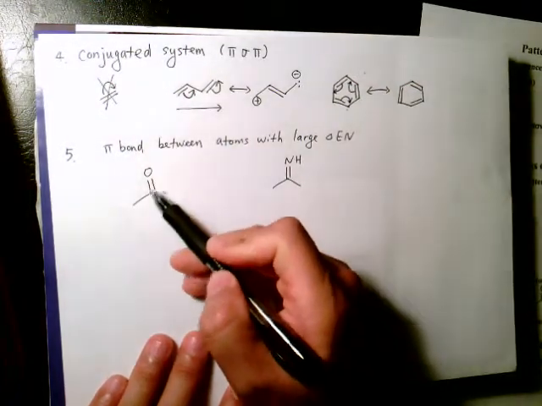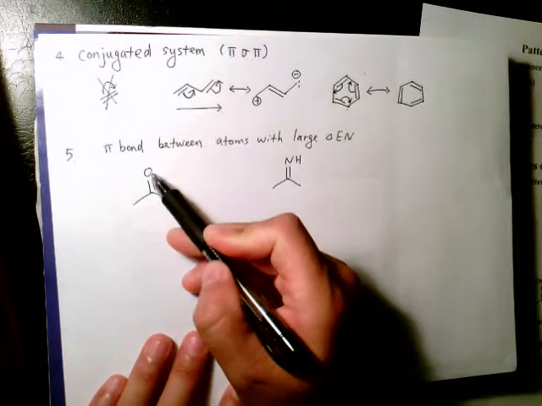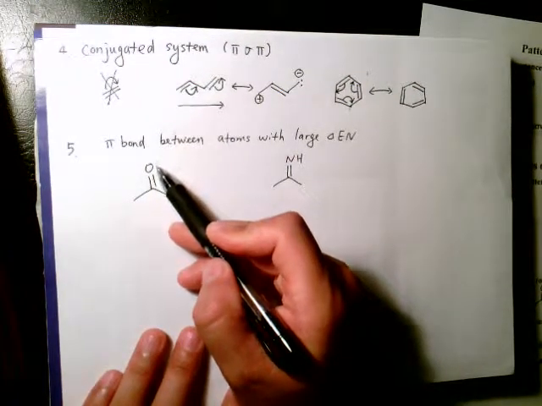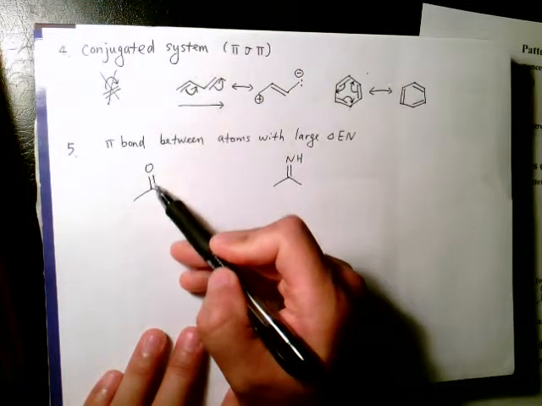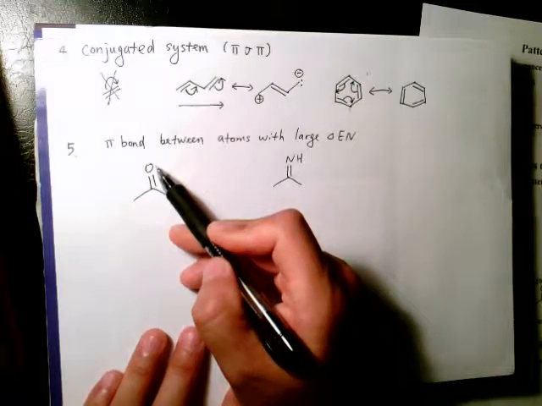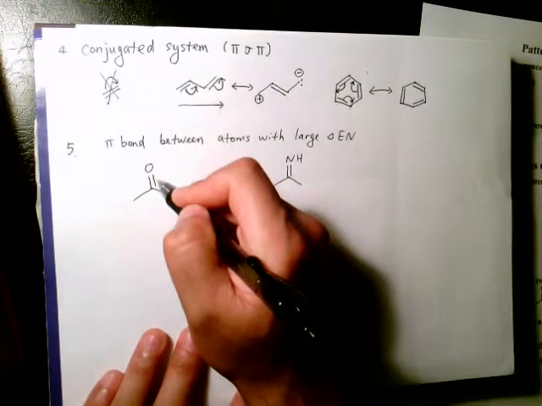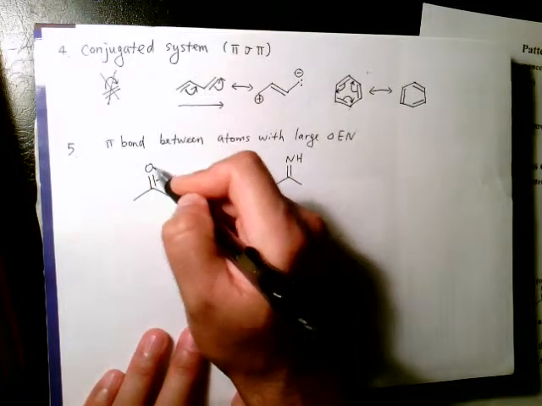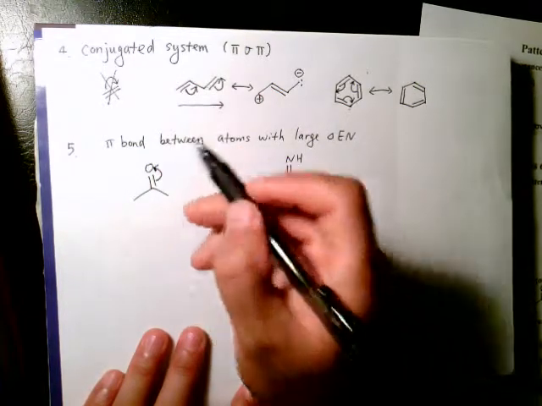So now carbon and oxygen, they are both neutral. However, oxygen is a lot more electronegative, and as a result, there's a tendency for the pi electrons to move toward oxygen, and we are going to honor that. So by doing so, we are going to break the pi bond and bring those 2 pi electrons toward oxygen.